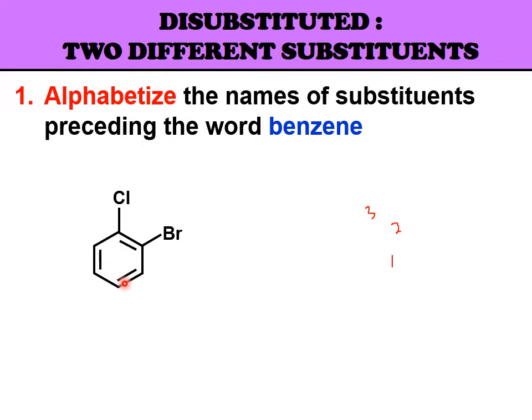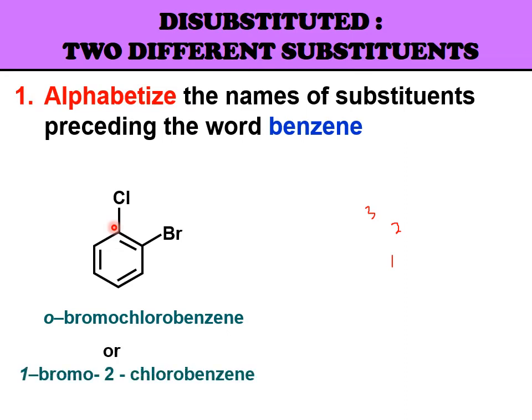We need to follow the alphabetical order, so B comes first. The carbon attached to the bromine will be labeled as carbon 1, so it will be 1, 2. So it is o-bromochlorobenzene, or we can also name it 1-bromo-2-chlorobenzene. The carbon attached to bromine is labeled as carbon 1.